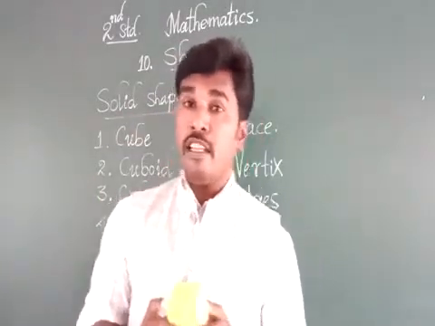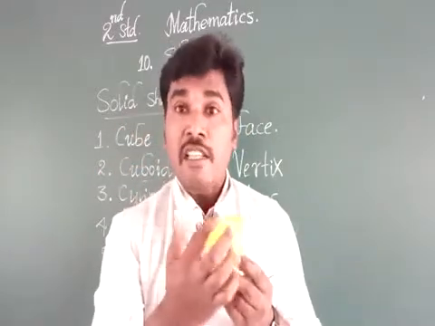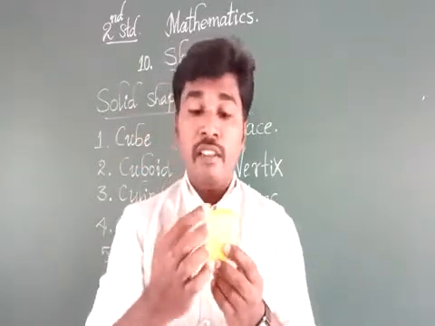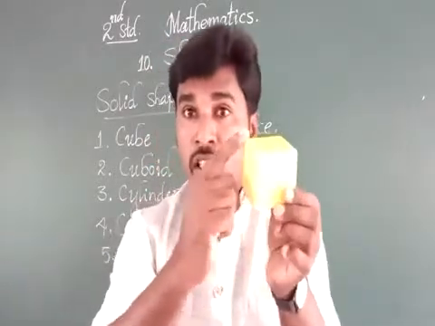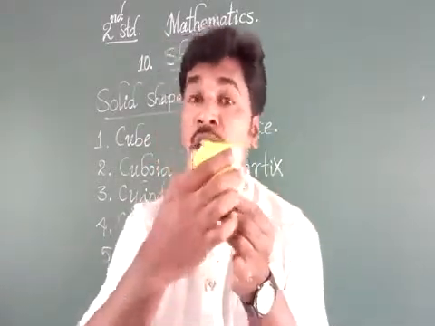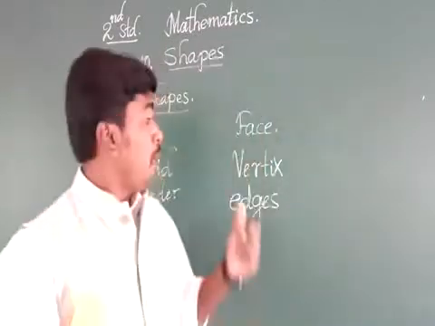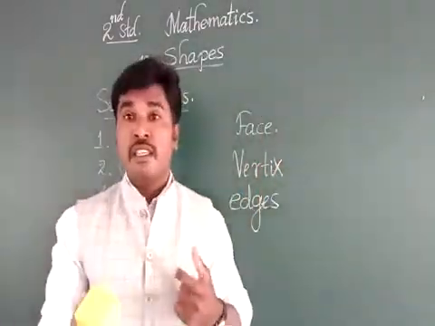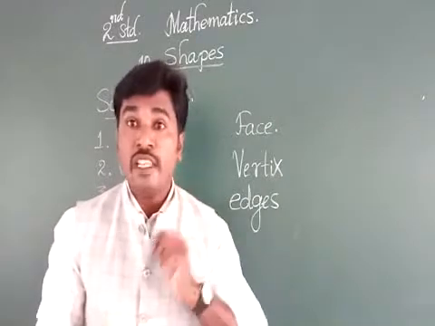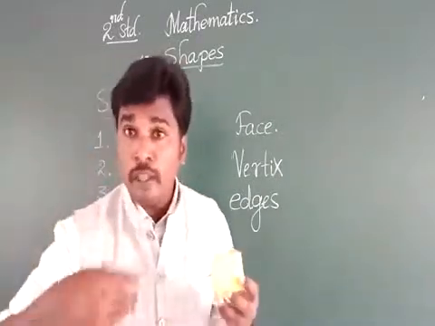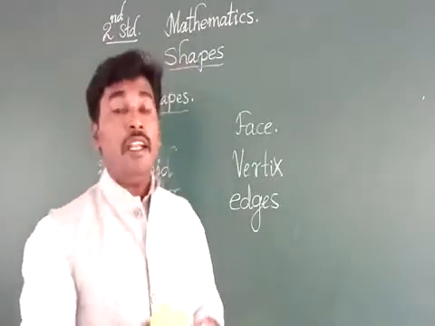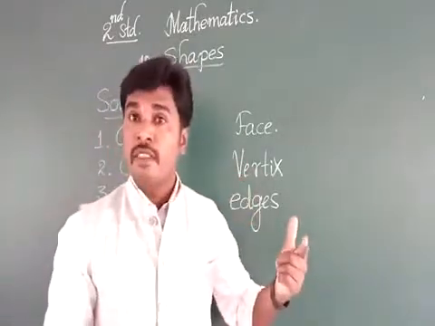Corners are the points where the edges meet. The corners in maths we call a vertex. If it is one, it is called a vertex. If there are more than one corner, we call them vertices.